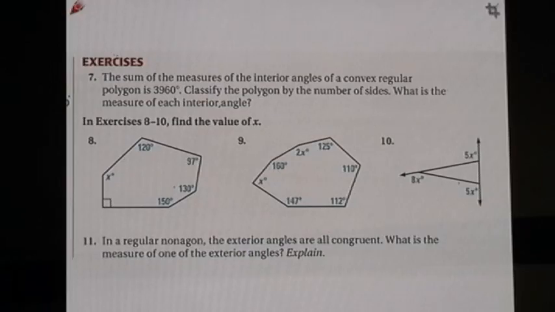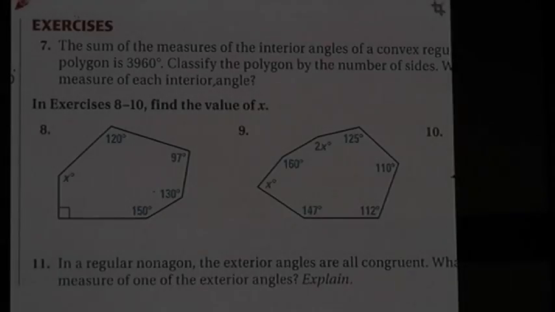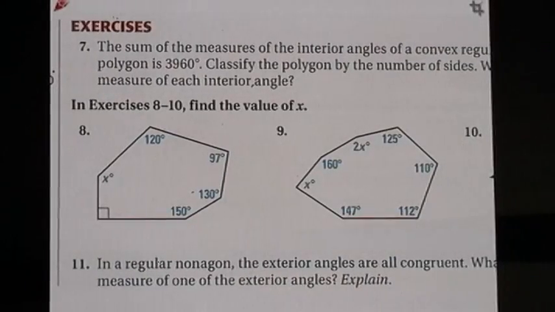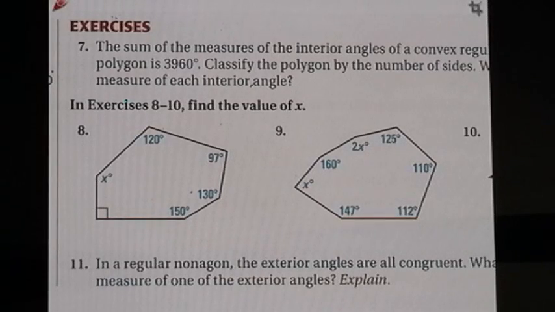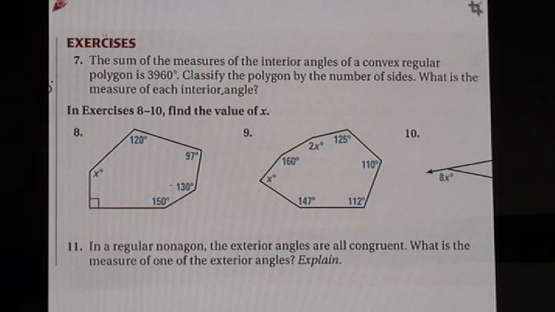Okay, so make sure that you understand they have to be marked. All right, number 7. The sum of the measures of the interior angles of a convex regular polygon is 3,960. Classify the polygon by the number of sides. What is the measure of each interior angle?